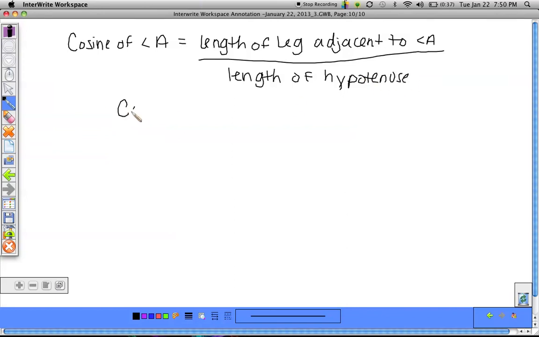And we'll abbreviate this one. Cos A equals adjacent over hypotenuse.